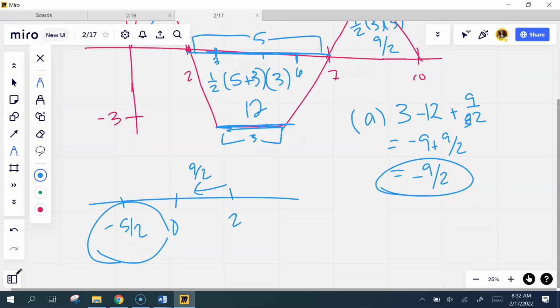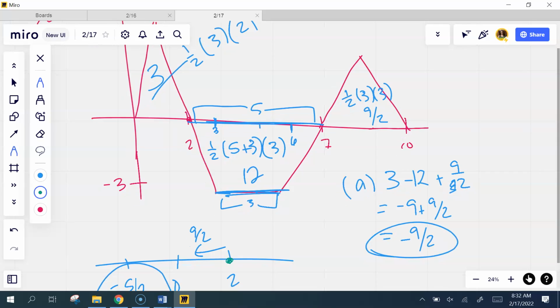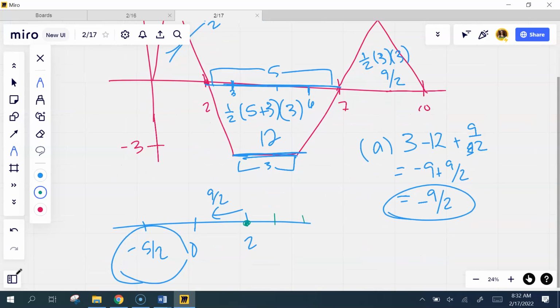So that's where I end up. That's part A, where the particle is at the end of the trip. Because I start at 2, and I move to the right 3. 1, 2, 3. That's this first triangle. Then I move back 12, but then I move back to the right 5/2, and 9/2, and I end up right here.